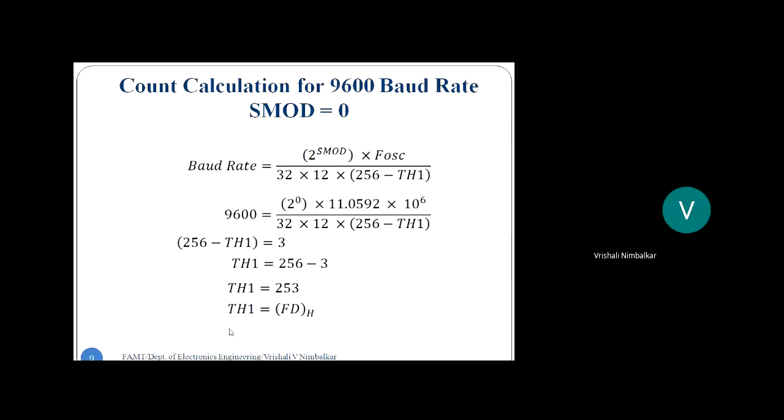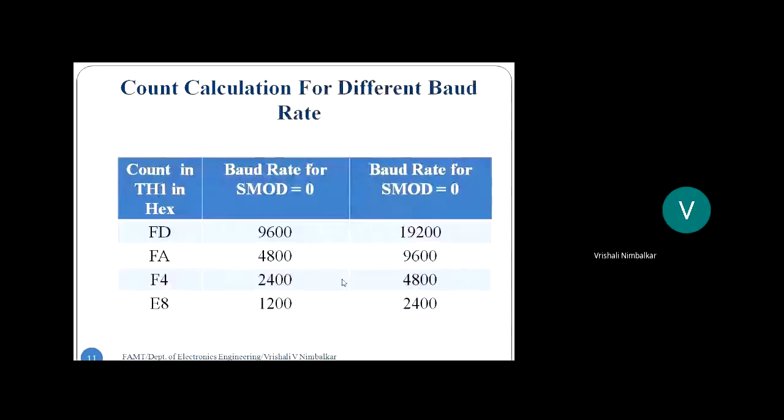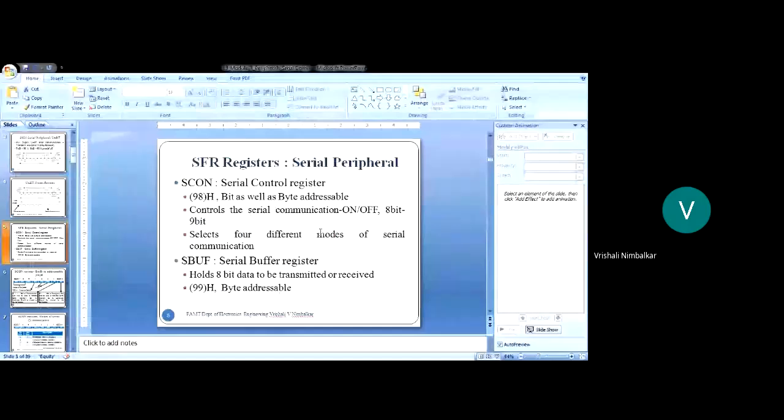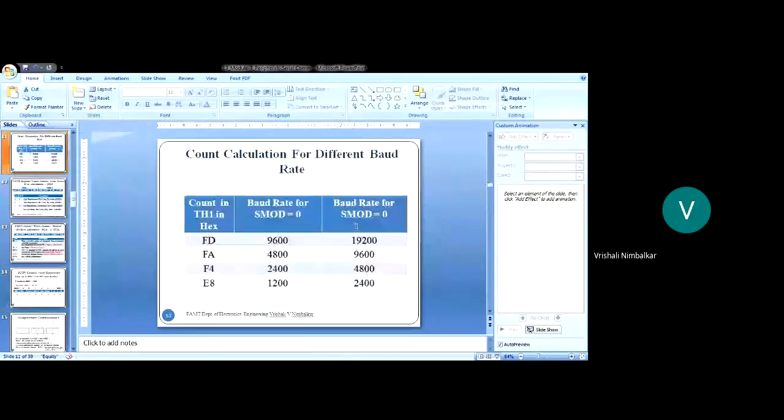Now the next. When I say that the SMOD bit is going to change the calculation, let us look into how it is going to affect when the SMOD bit is 0 and when the SMOD bit is 1.